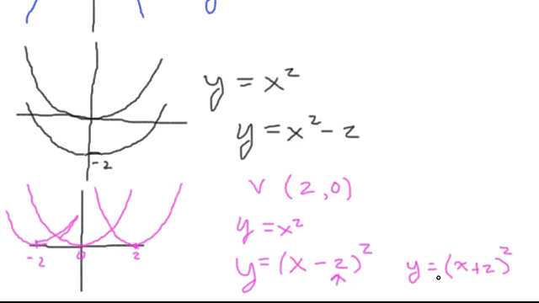And so this function here will correspond with this graph. We plug negative 2 in, negative 2 plus 2 is 0, y is 0, so we know that that's the point right there. That would be the vertex.